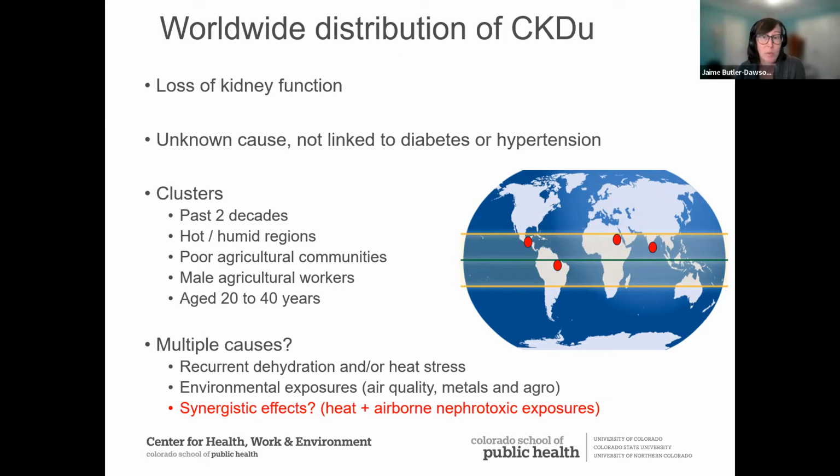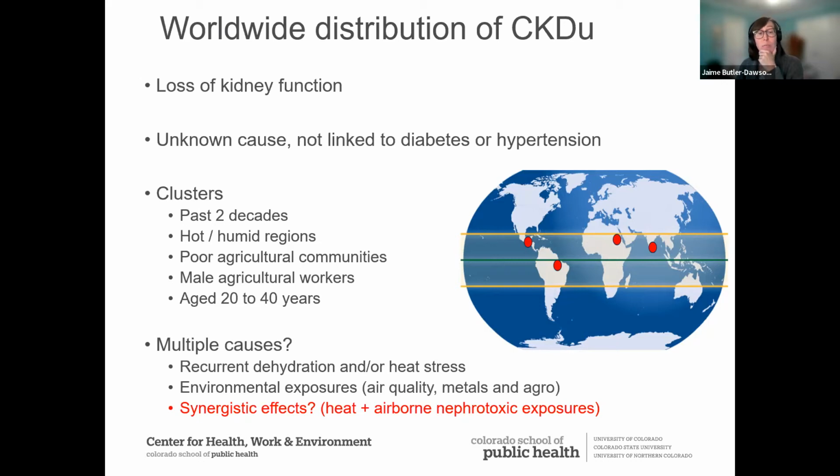So these epidemics around the world have emerged in clusters in the past 2 decades. Usually it's found in hot and humid regions, and poor agricultural communities are highly affected, specifically male agricultural workers such as sugarcane cutters, and it's a relatively younger population. The literature suggests that there's probably multiple causes, like there's not just one cause.